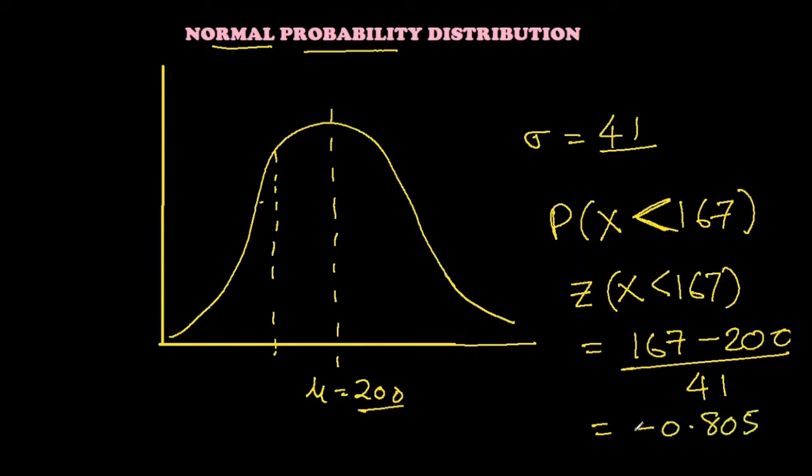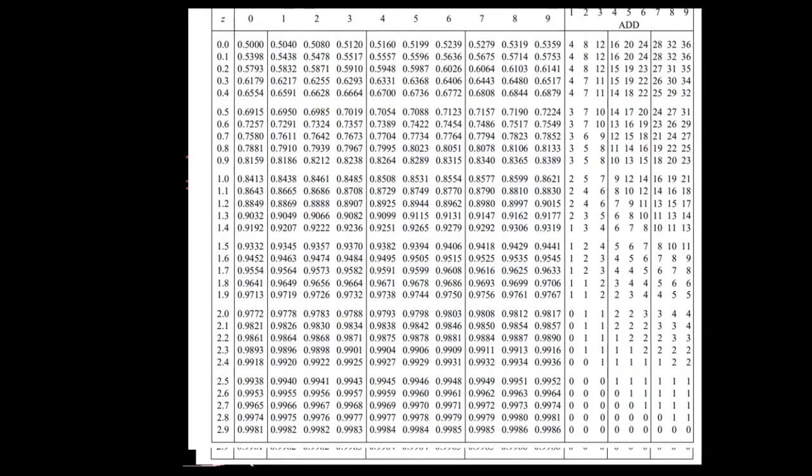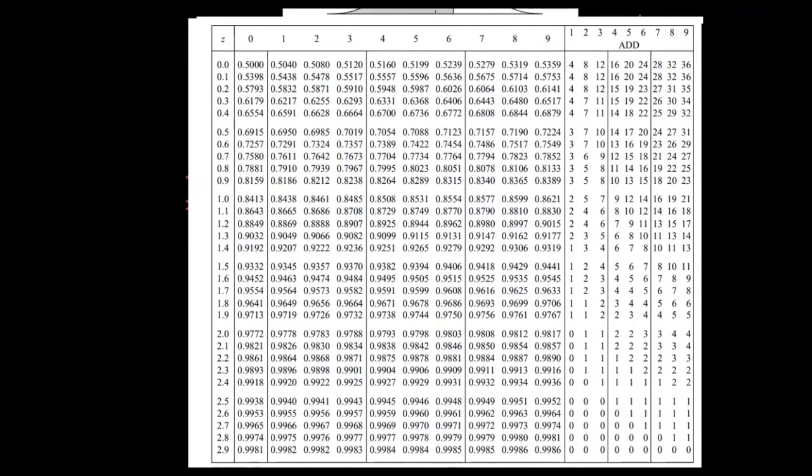Now there's a negative here, and if we go to our table, we see that there is nothing for negative. I have changed the table also so that we can take care of this adding stuff also. So we want to find for minus 0.805, but there is no negative.